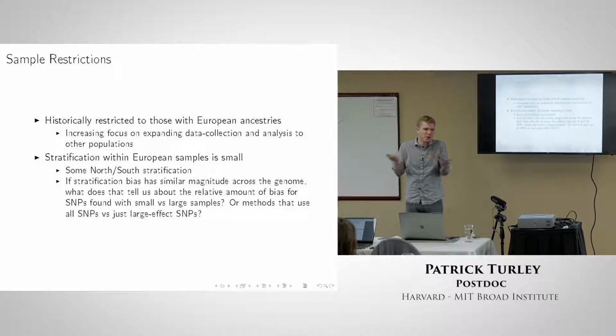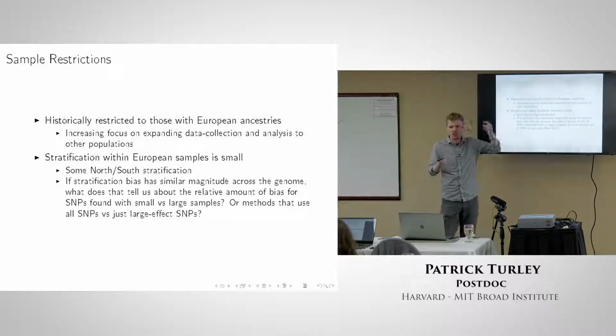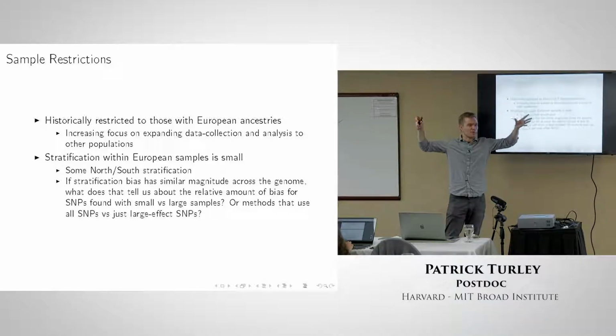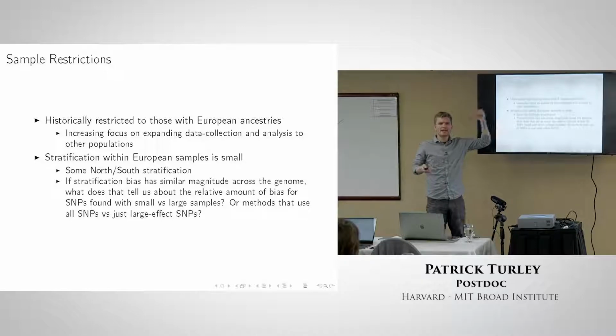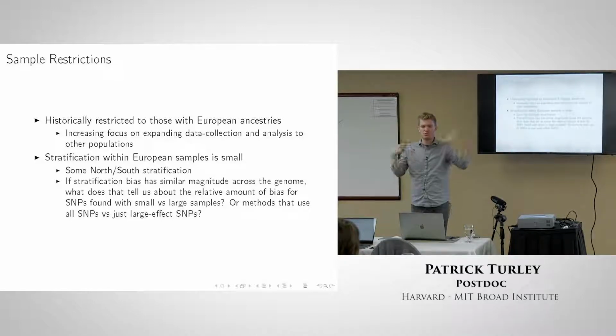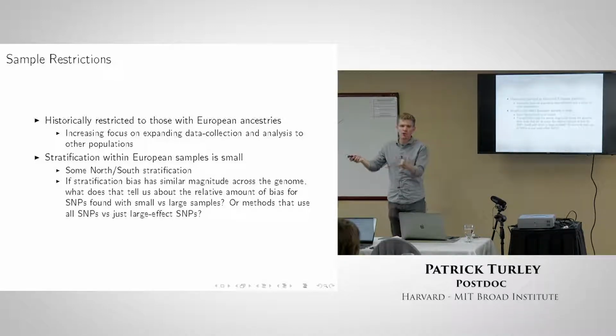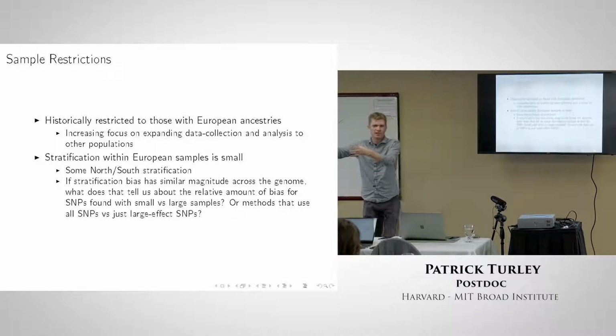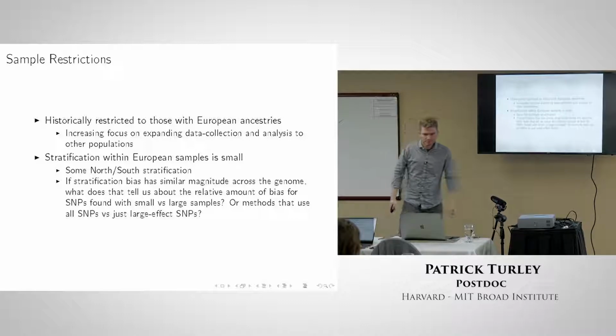And so that would hopefully make it so that the G in the model that we had is the same for everyone in the sample, and therefore it will just get absorbed into the intercept, and so it won't be a source of bias anymore. And so this is why we say let's just reduce to just people of European ancestry, or more and more you'll have people say let's just do people of Asian ancestry, or whatever you want to focus on.